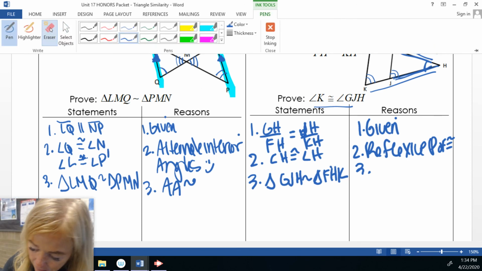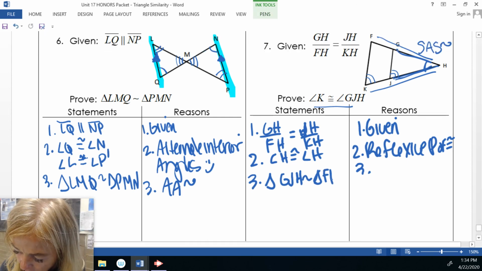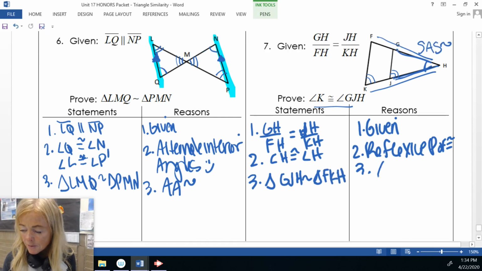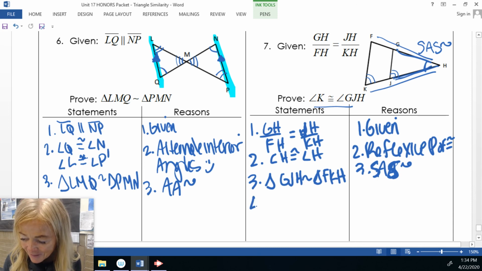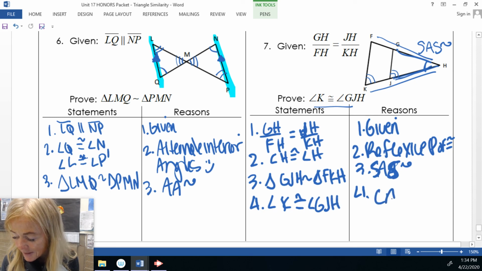That's going to cost me some time. Oh, no, wait, it's side-angle-side similarity, right? And then 4, angle K is congruent to angle GJH by CASI.